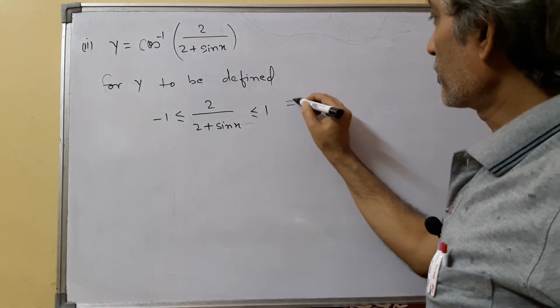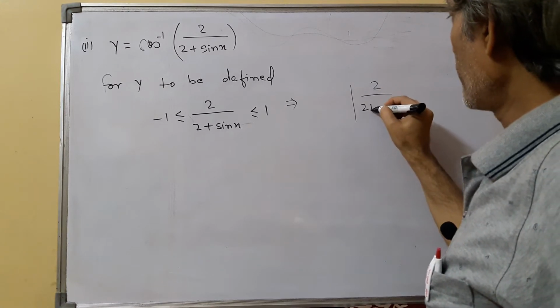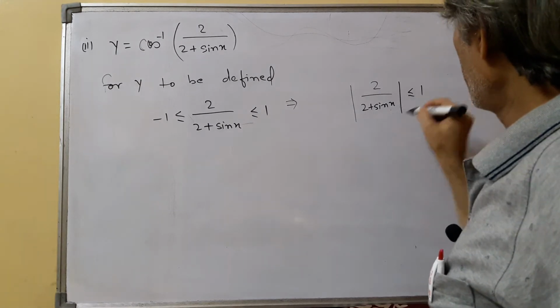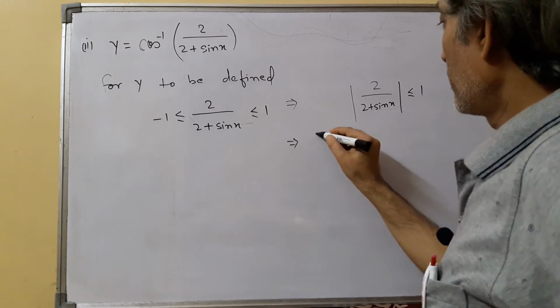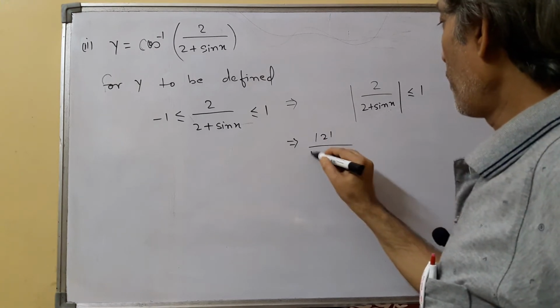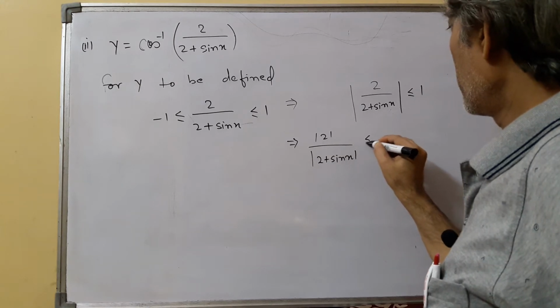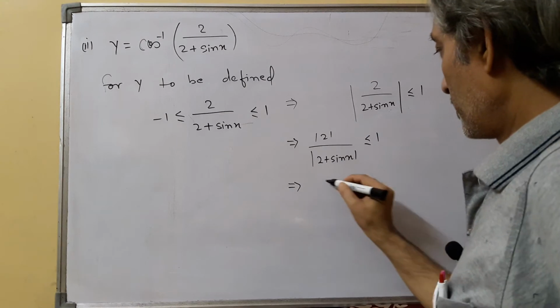Now how to solve this? We can write it like this also: 2 upon 2 plus sin x less than or equal to 1. This implies mod of 2 upon mod of 2 plus sin x is less than or equal to 1.